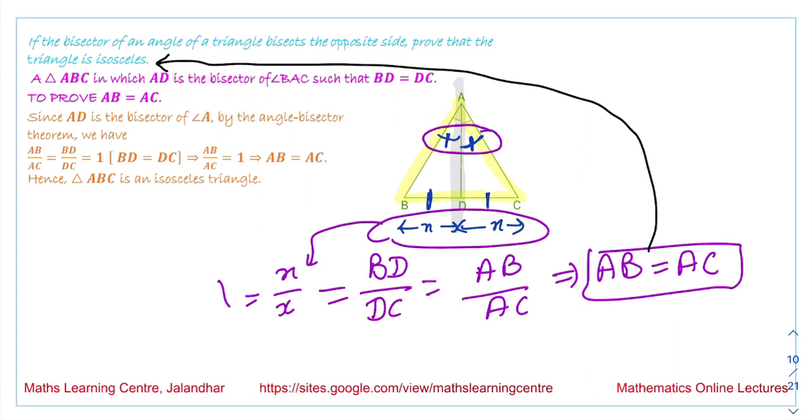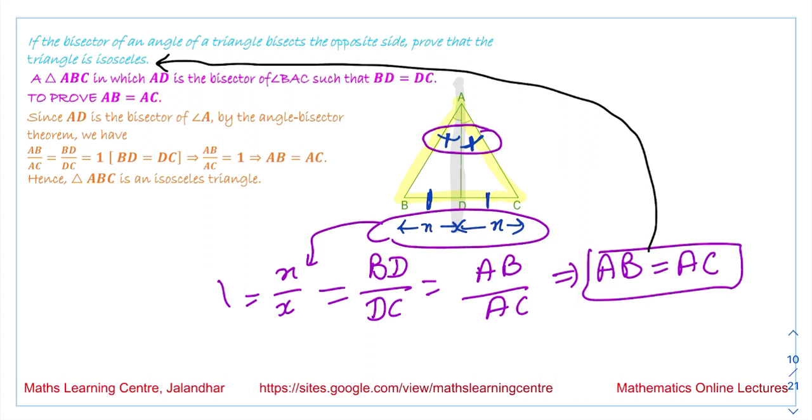So we are going to do the construction over here, and the construction is that we have joined A and C. We have joined these two, A and C. And the point where AC and BD meet, we are saying this point is E. So in triangle CBA, BE is the bisector of angle ABC.